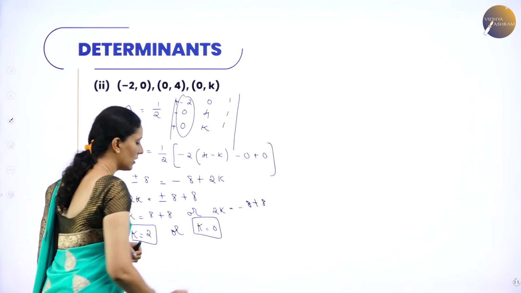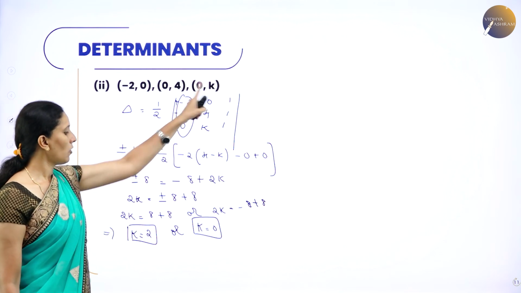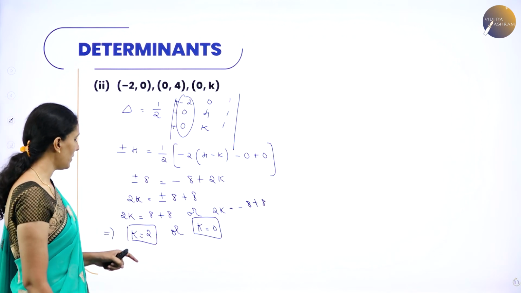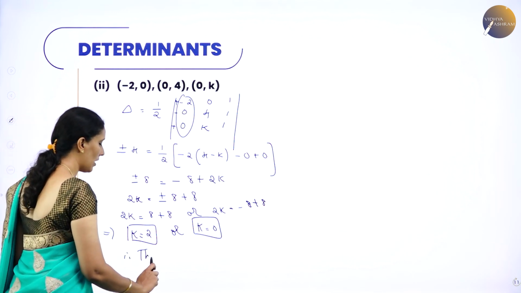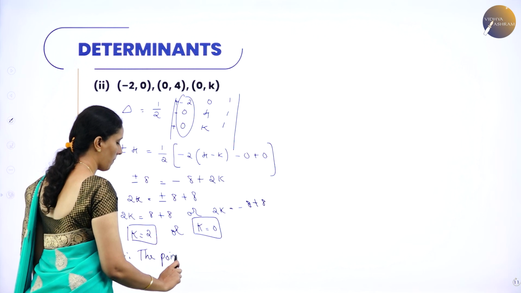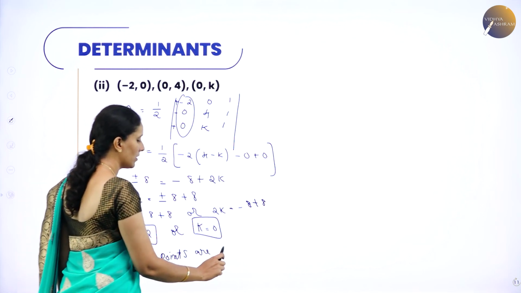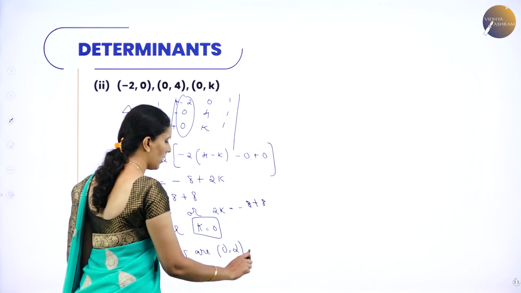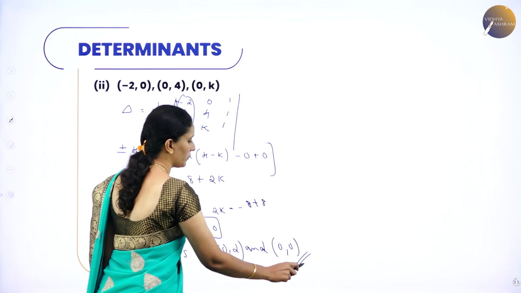Again, these are the 2 points, that is, one point may be (0, 0) and the other point may be (0, 2). So, therefore, the points are (0, 2) and another one may be (0, 0).